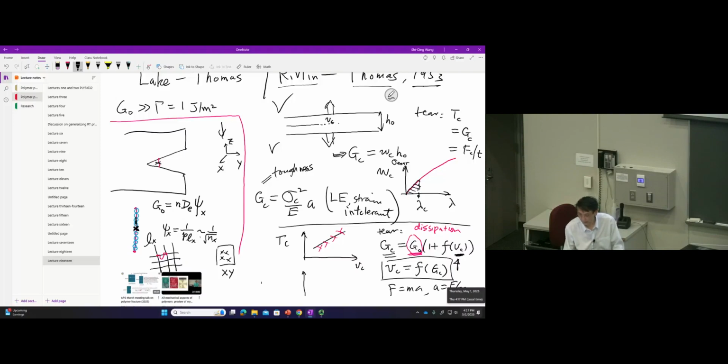So if you plug this thing up to there, you find that G0 is proportional to the square root of nx. And this is the guiding principle for a lot of people: your material is tougher and has a larger G0 if the strand between entanglements is longer.